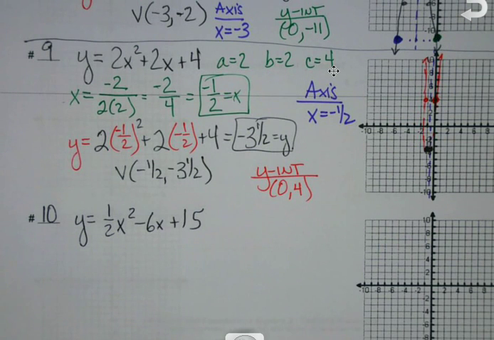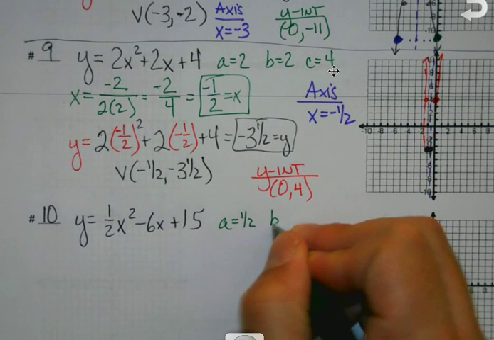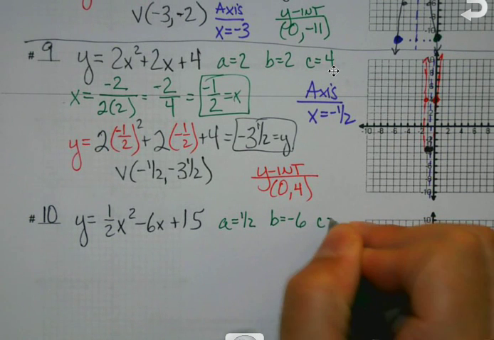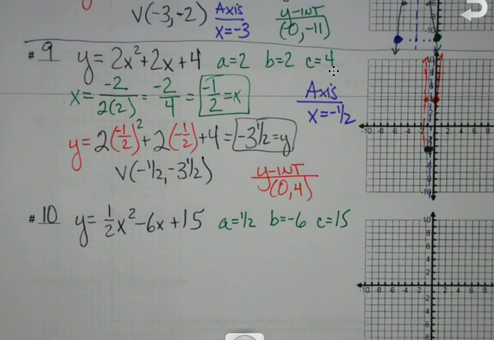So I look and I'm like, okay, A is 1/2, B is -6, C is 15. So I get here and I go, okay, let's see what we got.